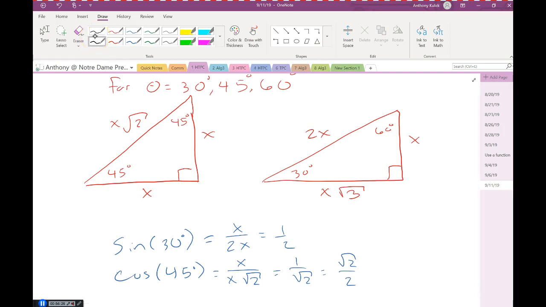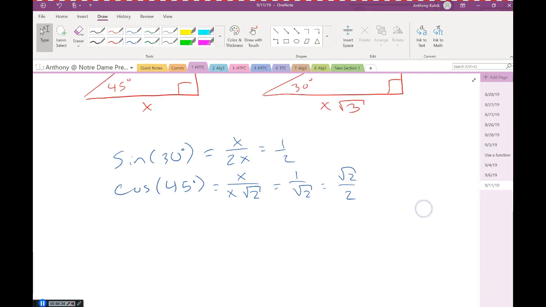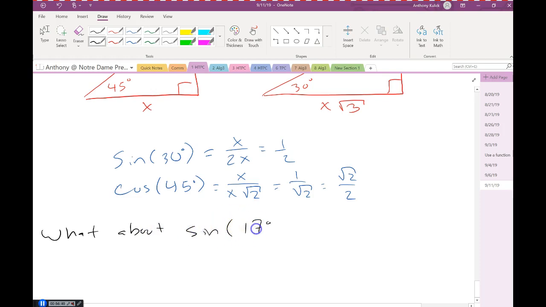Everybody feel okay with these? What do you do if we're asking for sine of, say, 17 degrees? How would I do that? Yeah, that's exactly right. You've got to use your calculator.